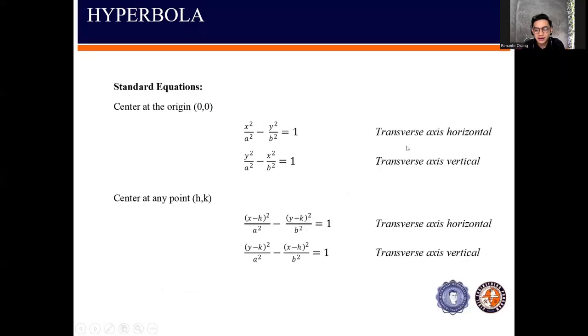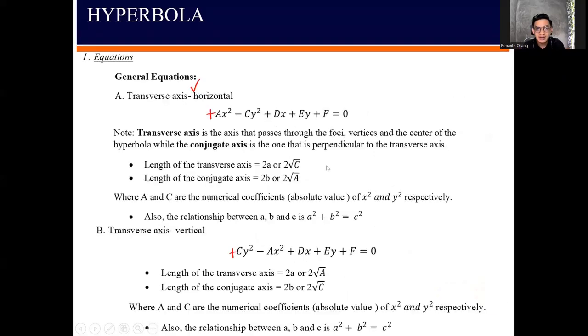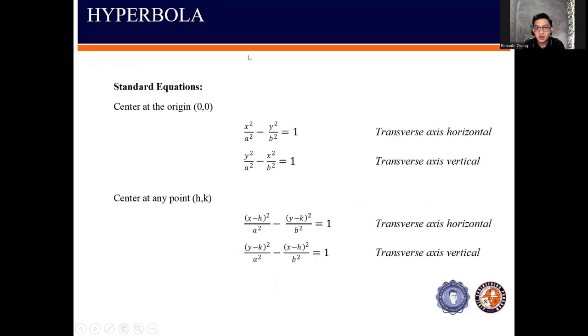Okay, so karagdagan pa din tayong formula. This is, again, the general equation. What if naka-standard equation tayo sa hyperbola? Again, para ma-transfer mo into standard equation ang general equation, you just need to know how to use ating completing the square.